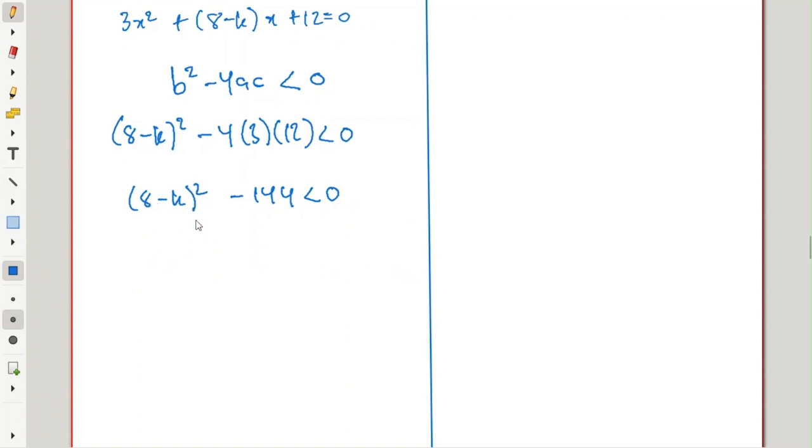Or better still, let me just do my normal expansion. This minus this, I'll get minus 80.